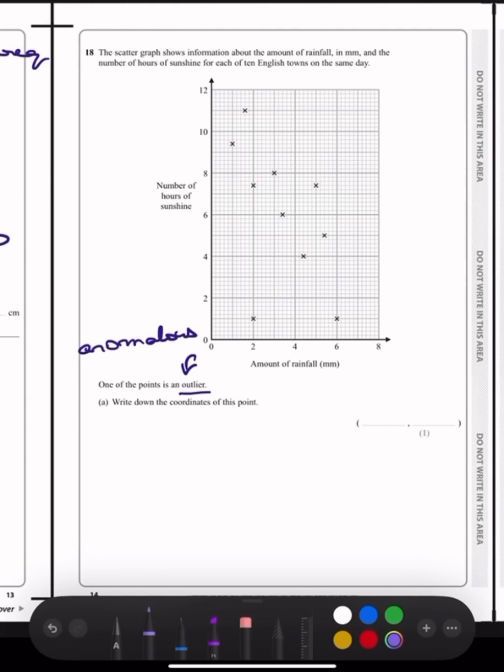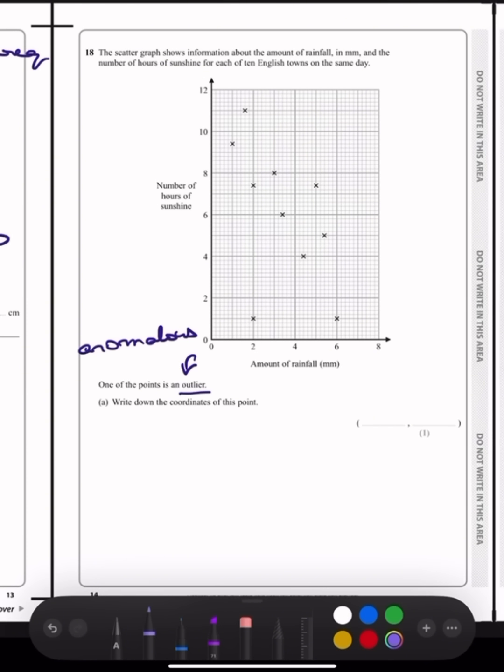We can see there is a bit of a pattern, but in some places one point is clearly not matching the others, and if we try to match it up, it'll give a wrong answer. That is known as an anomalous result or an outlier. There have been a lot of questions saying anomalous, but sometimes they say outlier, which is basically very different to the others.